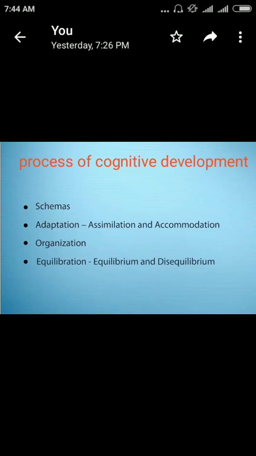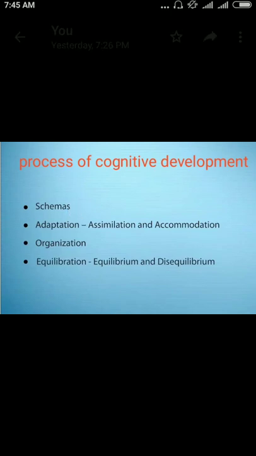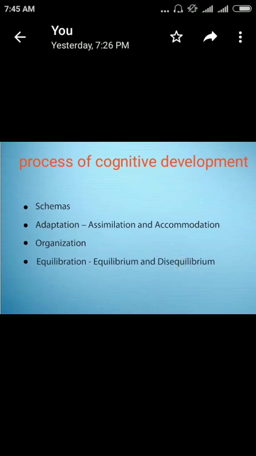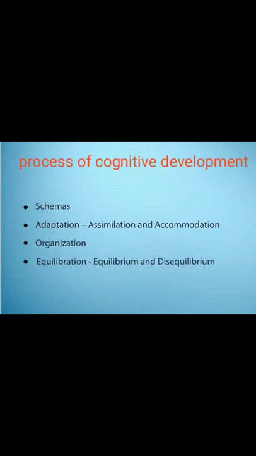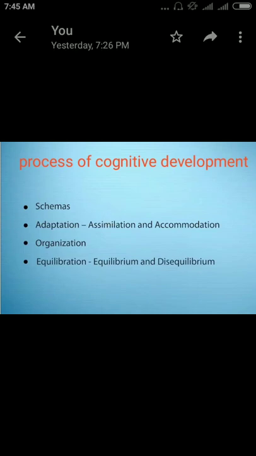So if I organize things in a systematic manner, how our brain works: firstly schemas develop, after that a state of disequilibrium may come, after that equilibrium develops, we come to know the fact in a comfortable mood, after that assimilation occurs. Assimilation is adding a new concept to the already learned concept.